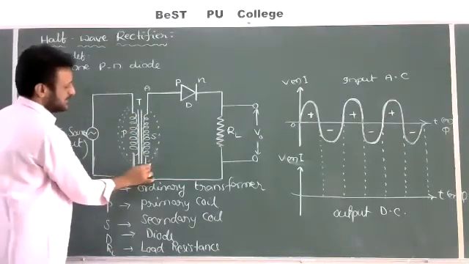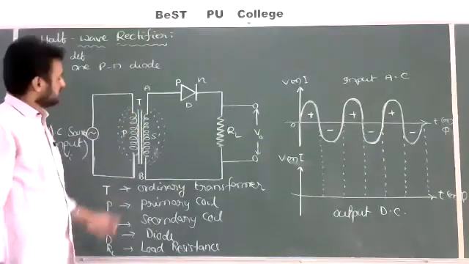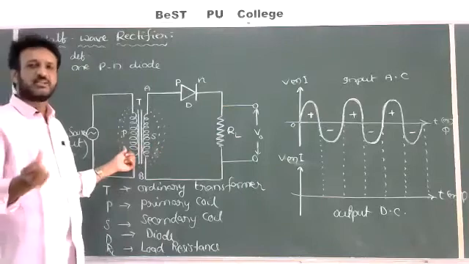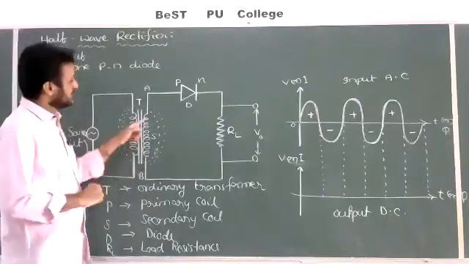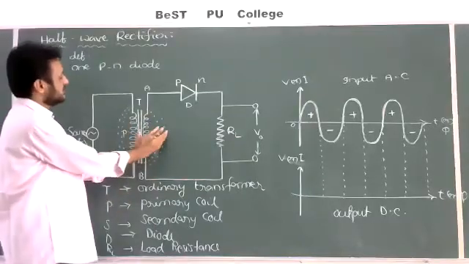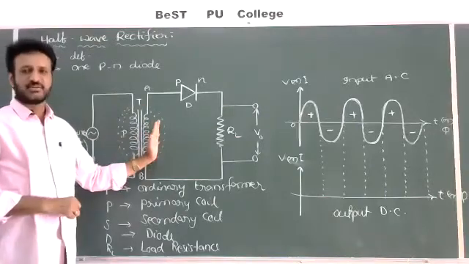Because the primary and secondary coils are very closely coupled, because of the flow of current through the primary coil, a magnetic field and magnetic flux are established around it, and some of that field is also linked with the secondary coil.